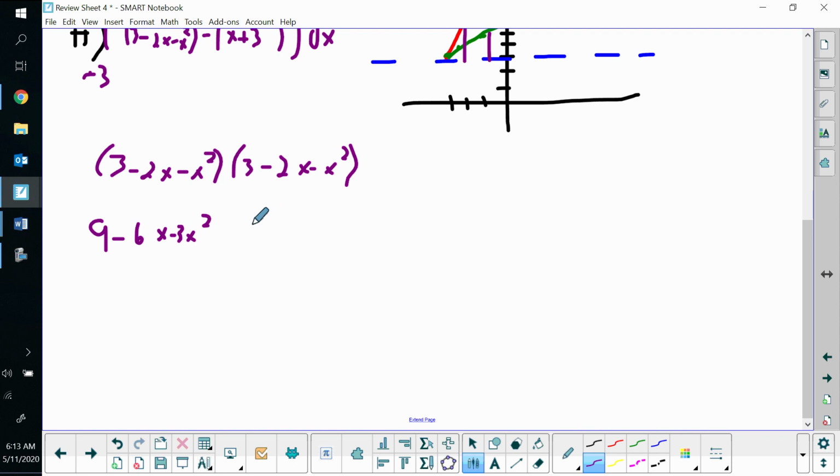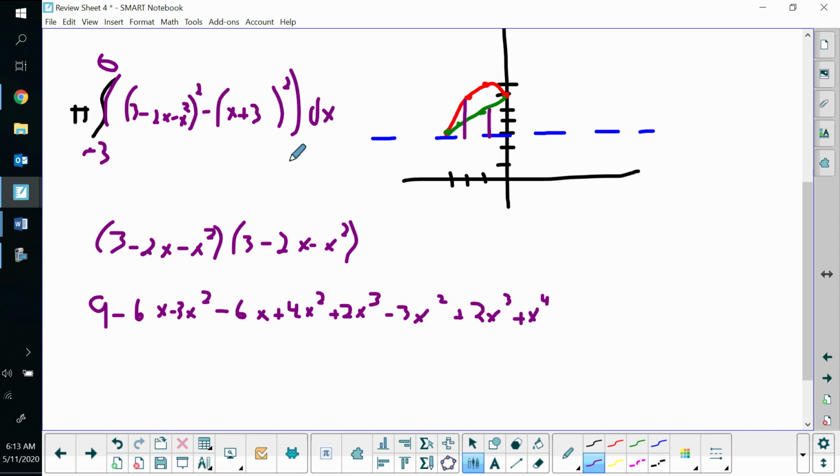If we distribute the negative 2x through, we'll get negative 6x plus 4x squared plus 2x cubed. And if you distribute the negative x squared through, you'll get negative 3x squared plus 2x cubed plus x to the fourth.